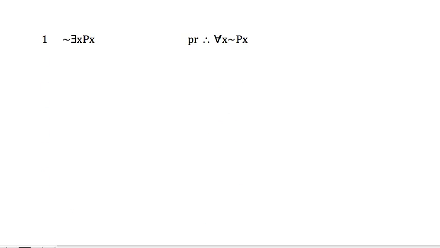And with that in mind, we come finally to the last case we need to look at. We've got not for some x px. We want to prove for all x not px. Once again, it seems to make sense to proceed indirectly.